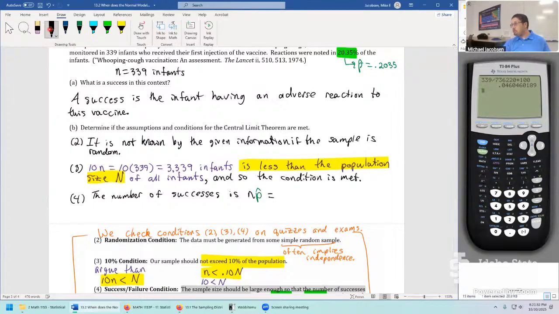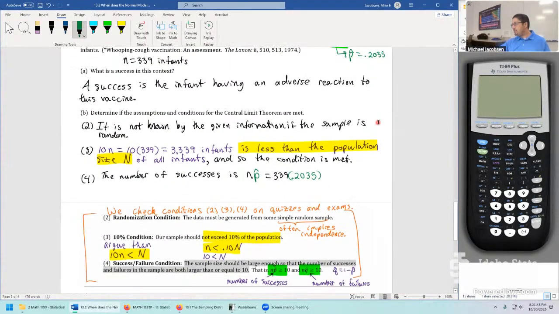So this is going to be equal to 339 for the sample size n multiplied by 0.2035. So that's the p hat part from there. When you put this in the calculator, something weird definitely happens, but this is normal. Take 339, multiply this by 0.2035, and we get that number.